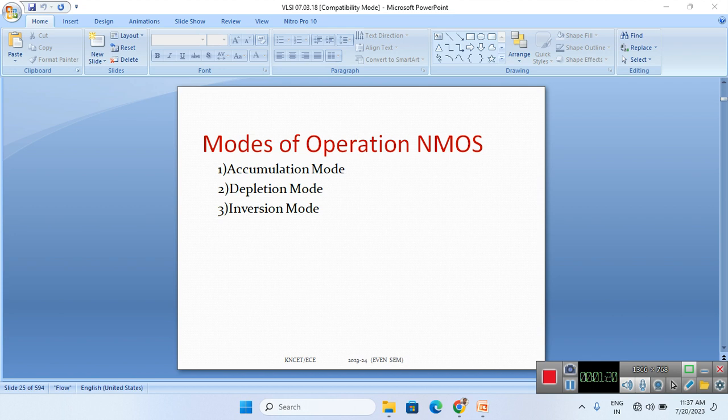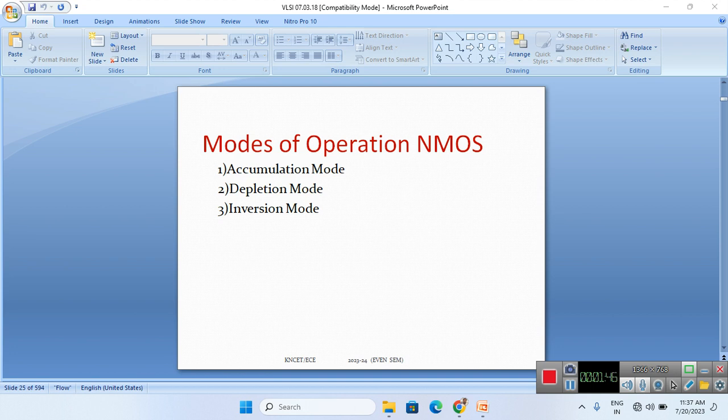The PMOS is just the opposite of the NMOS. We have three modes: the accumulation mode, the depletion mode, and the inversion mode. By these three different modes, we can understand the characteristics of the MOSFET.